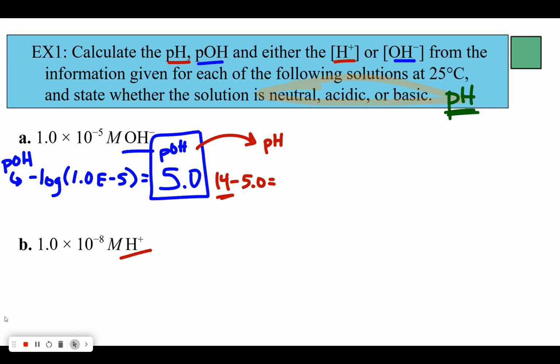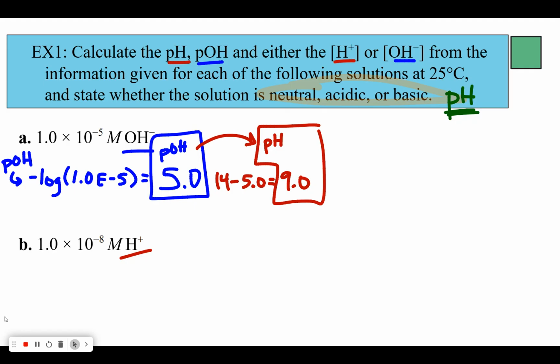And we don't round based off of constants like 14, because technically that is an exact number. It's exactly 14, and so that could be written as 14.00000 with infinite sig figs. So we're not going to round based on the 14. We're going to round based off of our number and its decimal places, which is 1, which means we're going to keep 1 decimal place in our answer, meaning our pH is 9.